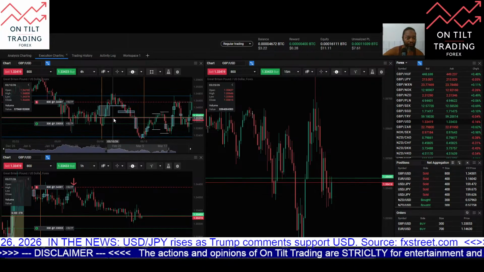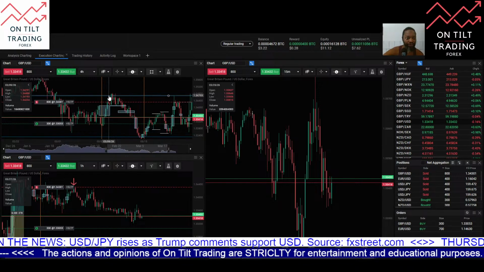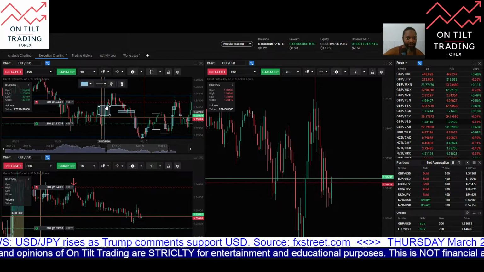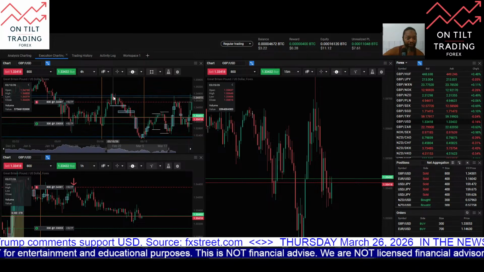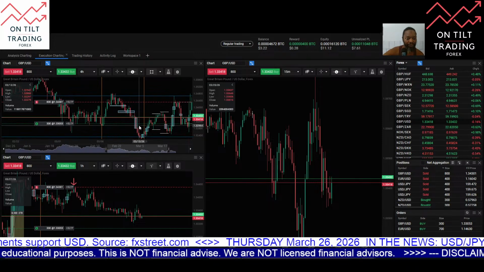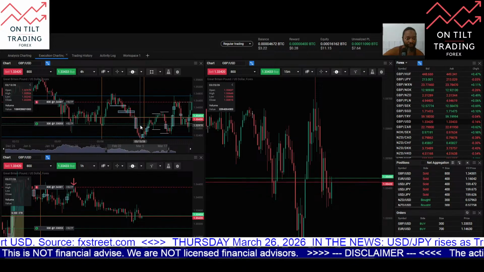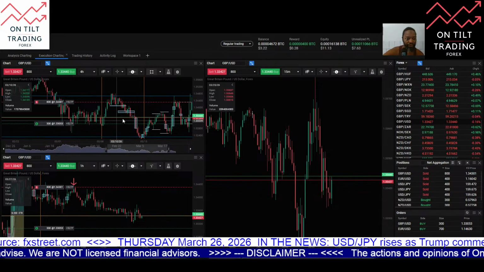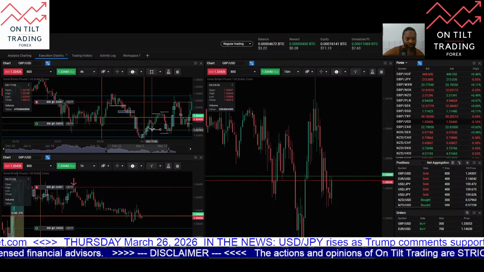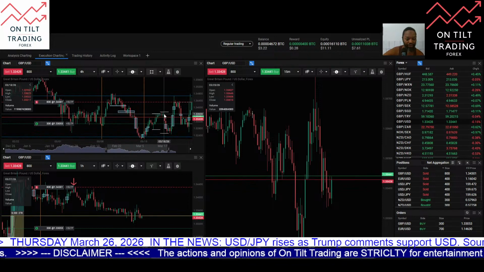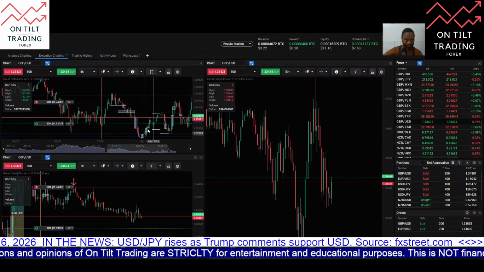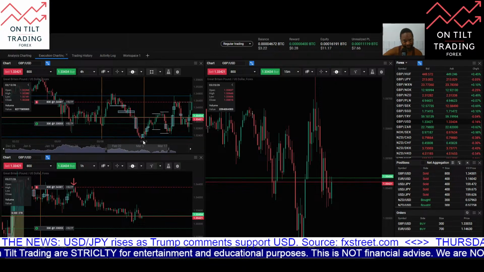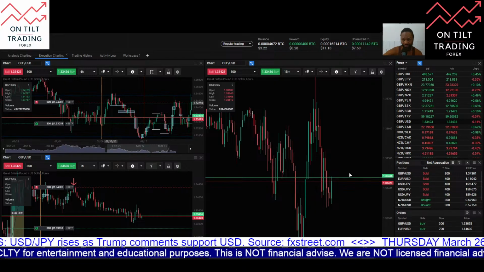Okay, so this consolidation area, price breaks long here, putting in gaps, breaks long, comes back into the range short, and then breaks the range short, comes back in here. So this looks more aggressive down here than it does here.